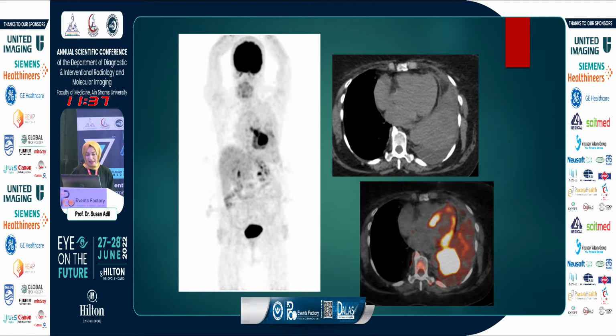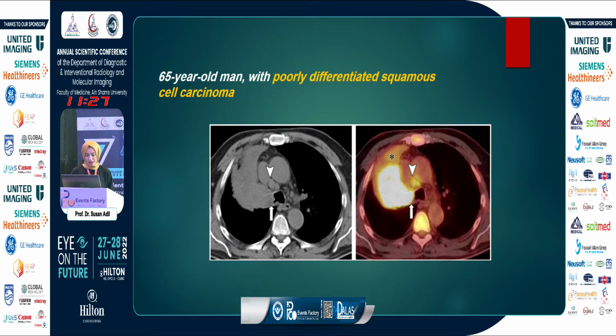Another case revealed how PET-CT can differentiate the primary malignant neoplasia, which is intensely avid for FDG, from the surrounding less avid atelectasis. Another case with a large right lung mass obstructing the right lung upper lobar bronchus is well differentiated from the distally related atelectasis and associated with hypermetabolic mediastinal lymph nodes.